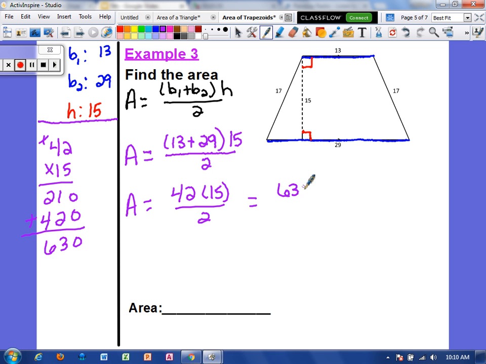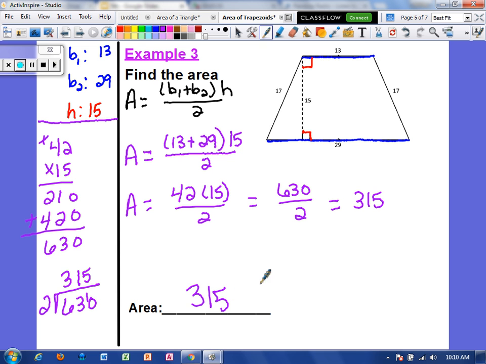So that's 630 divided by 2, and let's go ahead and work that out. Okay, 2 goes into 6 3 times with nothing left over. 2 goes into 3 1 time with 1 left over, and 2 goes into 10 5 times. So the area would be 315, and we don't have any units, so I'm just going to put units squared.